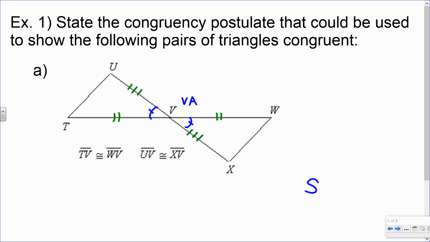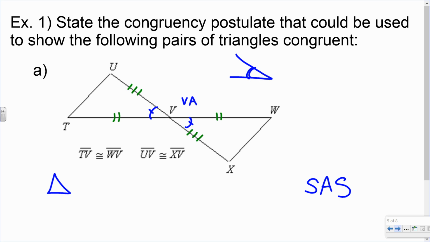So we would be able to use side, angle, side for that one. This is not reflexive. Reflexive says angle V is congruent to angle V in exactly the same place, just one angle. These are 2 different angles, which Blake did a great job of naming with the different letters to tell them apart. On ones like this, I want you to give the reason and write the congruency statement.